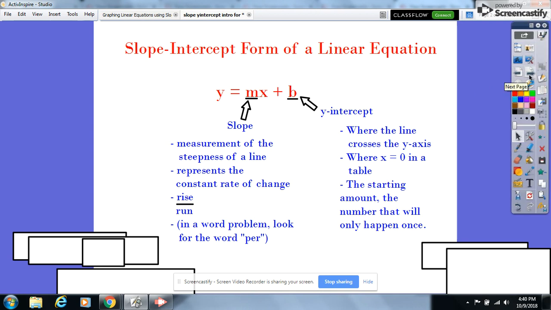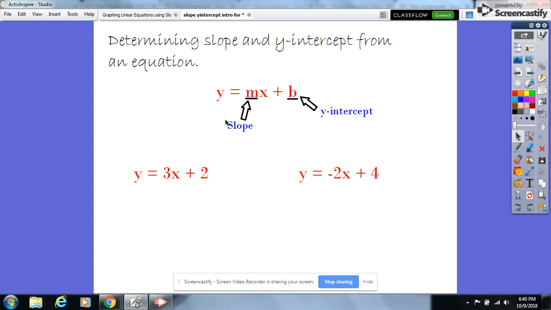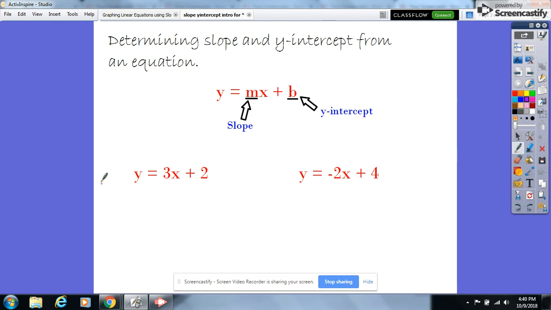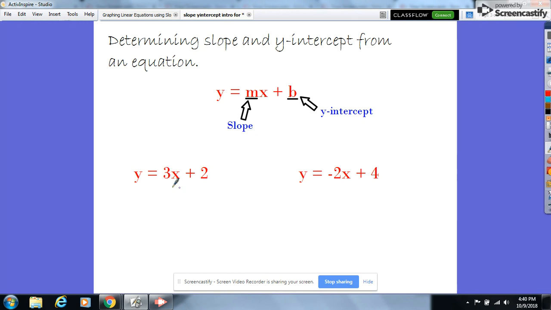So let's see how this applies in some of the problems you're going to be asked to do. Looking back at this equation again, oftentimes you're going to be given a linear equation, and it's going to ask you to identify the slope and the y-intercept of that equation. So if I look at this y equals 3x plus 2, and I look back up at my equation, I remember m is my slope.